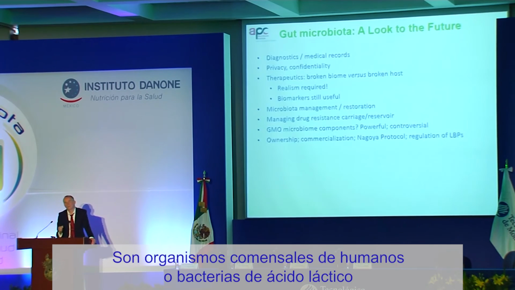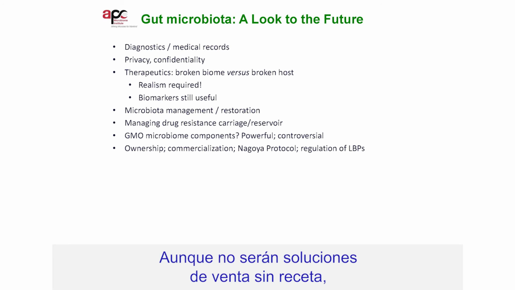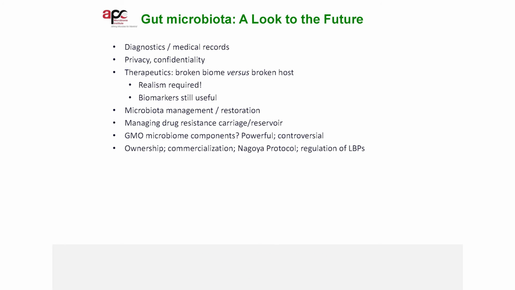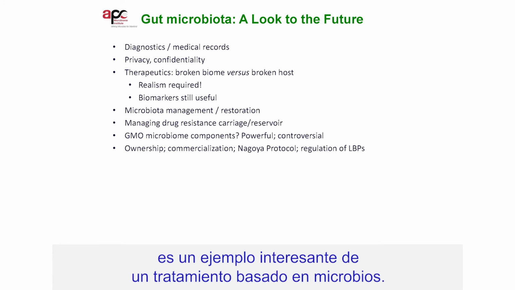These are human commensal organisms, or lactic acid bacteria, and they're GMOs. They're expressing human proteins which are typically anti-inflammatory. This is never going to be an over-the-counter solution. These are going to be prescription medications for people who are experiencing severe disease, but it's still an exciting example of a microbiota-based therapeutic.